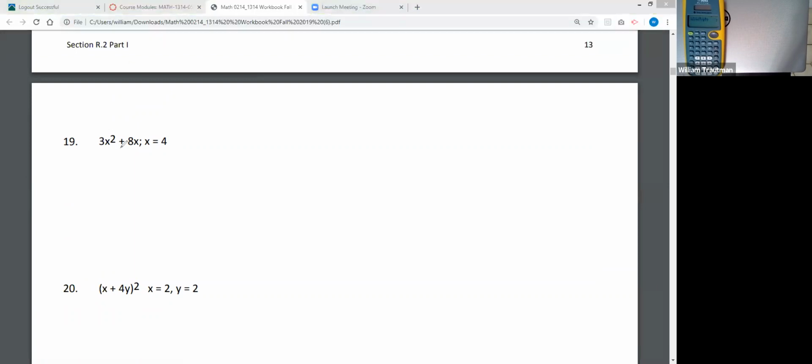So here's once again our problem. 3, and then the letter X is in a parentheses, but there's a square on that X. Do you see? The letter X gets a parentheses, not the square. So the square is outside that parentheses, plus 8 times X. And then we're going to plug 4 into it. 16 times 4.